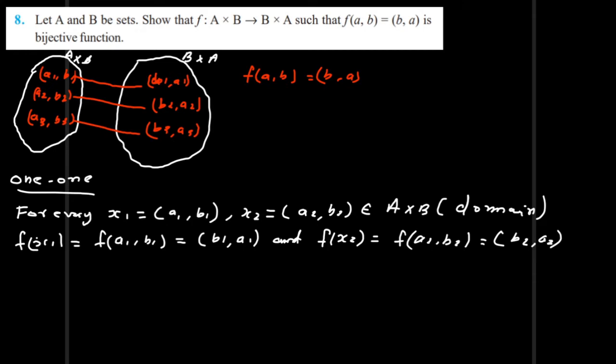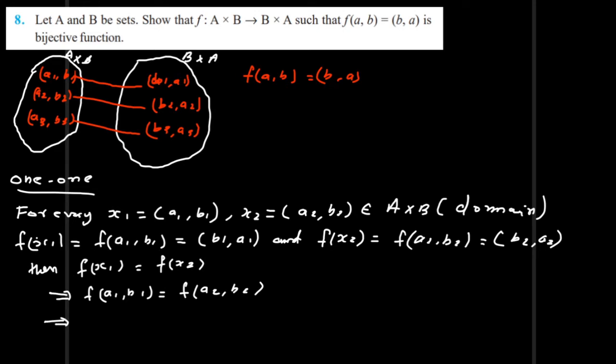Then suppose f of x1 equal to f of x2. This implies f of (a1, b1) equal to f of (a2, b2).